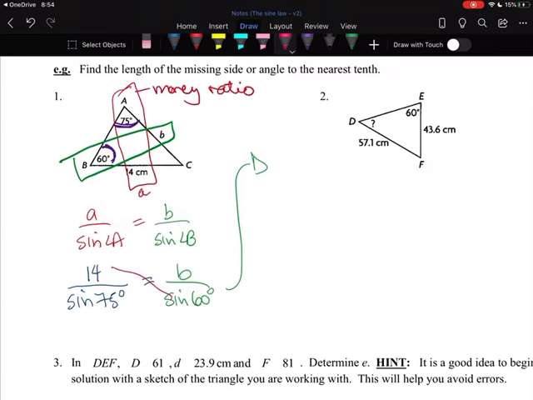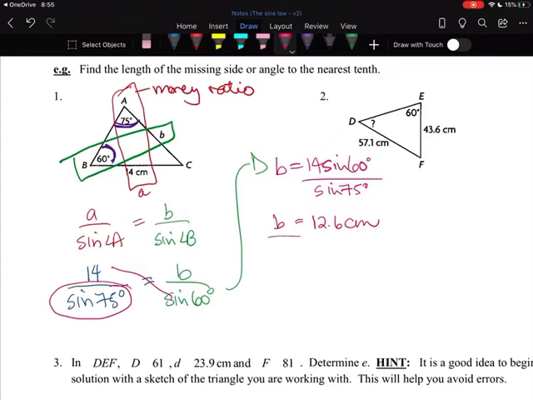So B will equal 14 multiplied by the sine of 60 degrees, divided by the sine of 75 degrees. You can use your calculator for this. When you do this division, you get that B is equal to 12.6 centimeters. Pretty simple. Awesome.